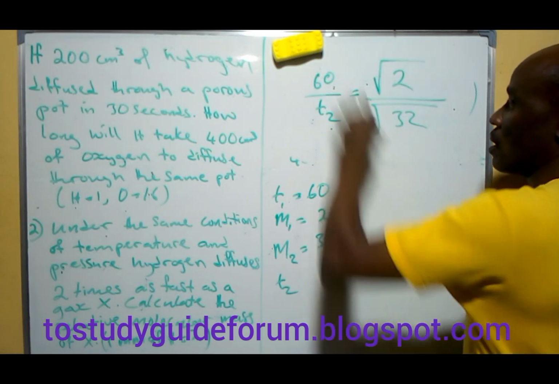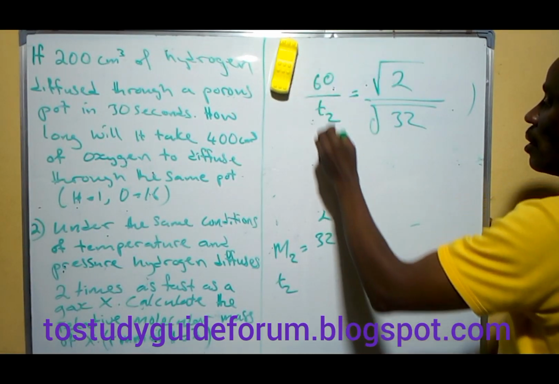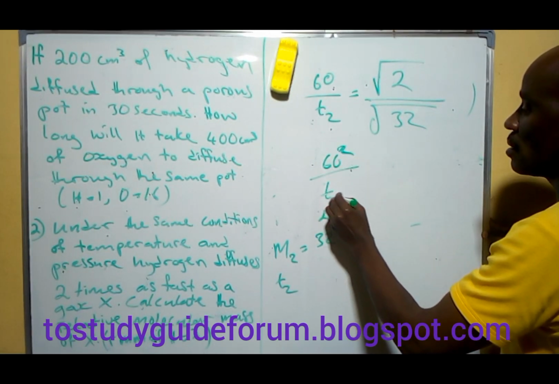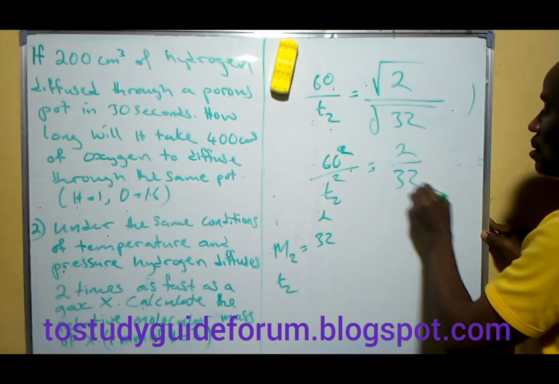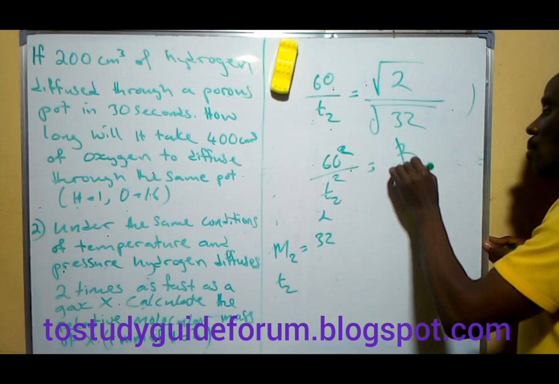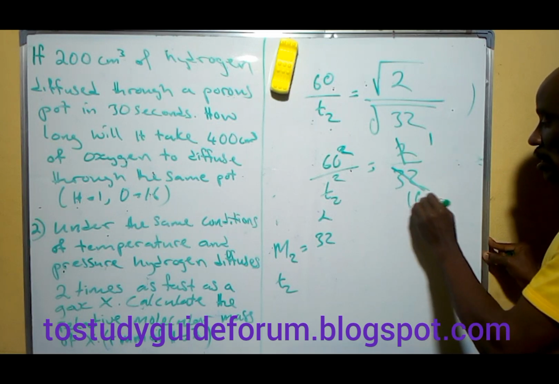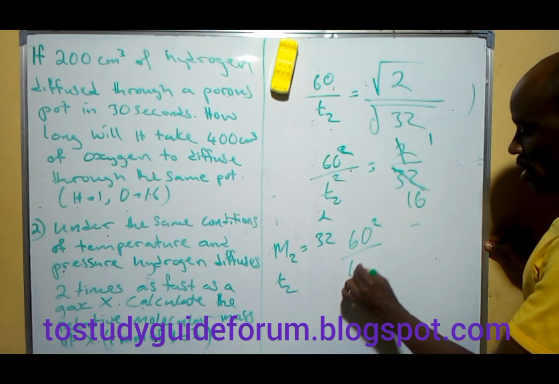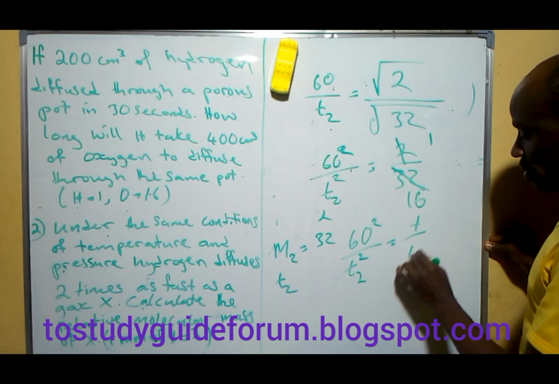We have 60 squared over T squared, and this square gives us 2 over 32, which gives us 1 over 16.